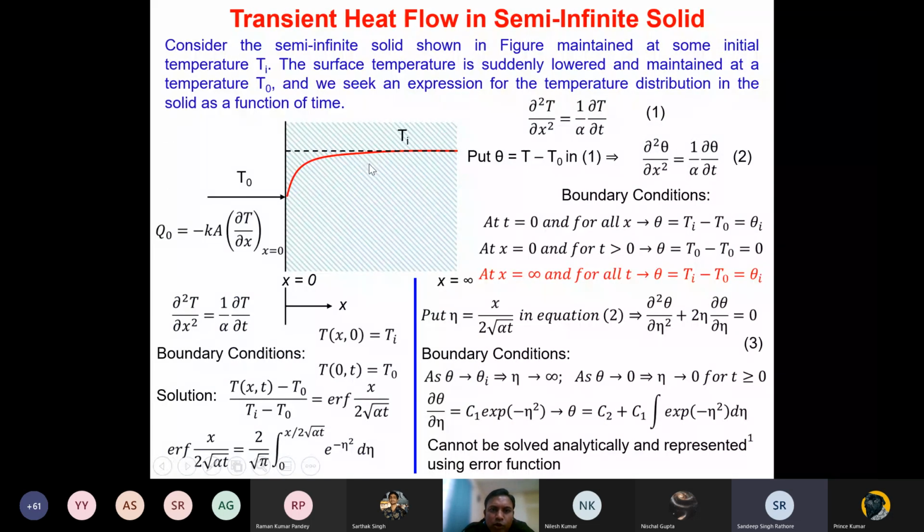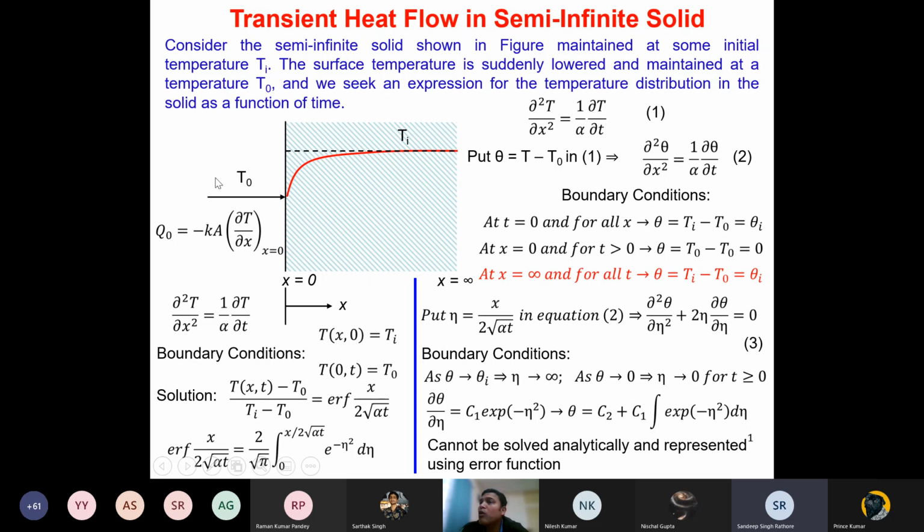I can calculate Q here, but heat is added only on this left hand side surface, isn't it? So total amount of heat added to this flat slab, I can calculate by calculating the heat added at this location and then integrating it with respect to time, because this is also varying with respect to time.